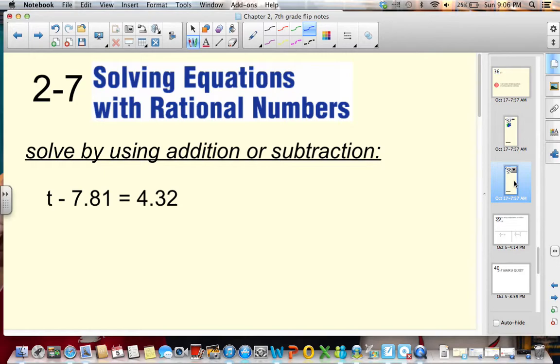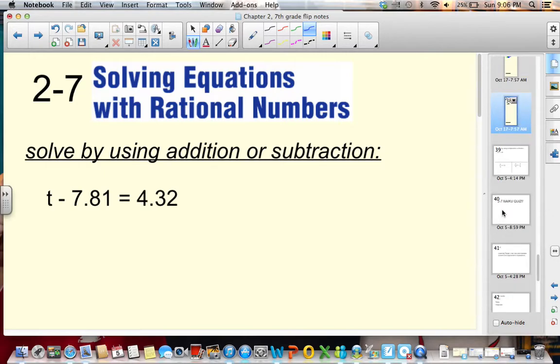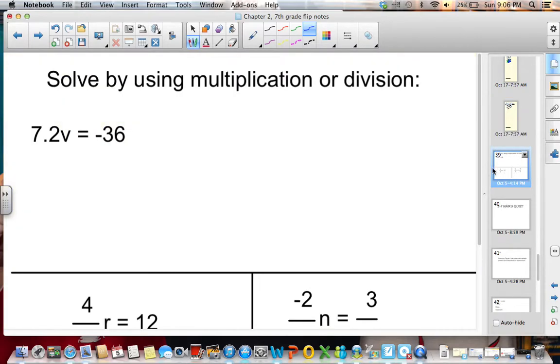Okay, we can also solve by using, wrong slide, using multiplication or division. So if I have 7.2v equals negative 36, okay, start with my train tracks.